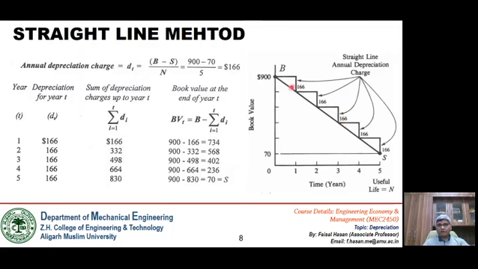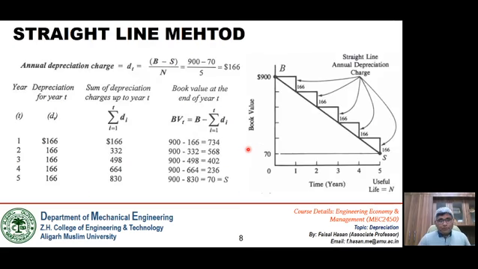If we join the corner points of this step curve, it will yield a straight line, and the last point is the salvage value. That is the basic method of depreciation using the straight line method.